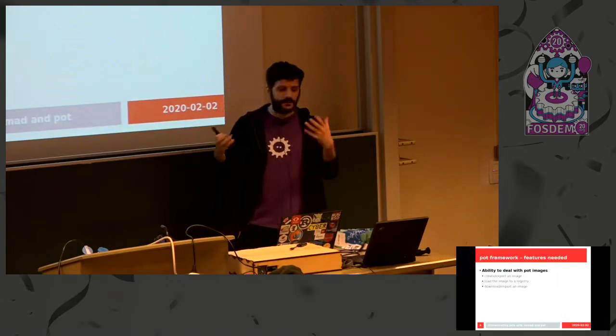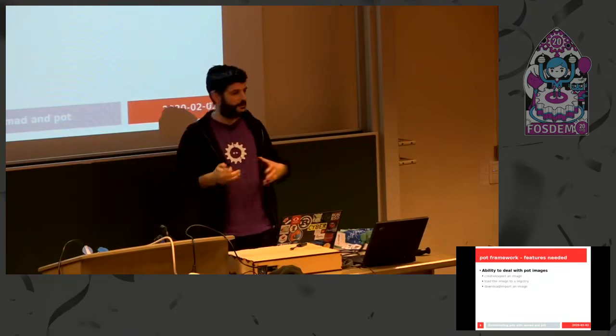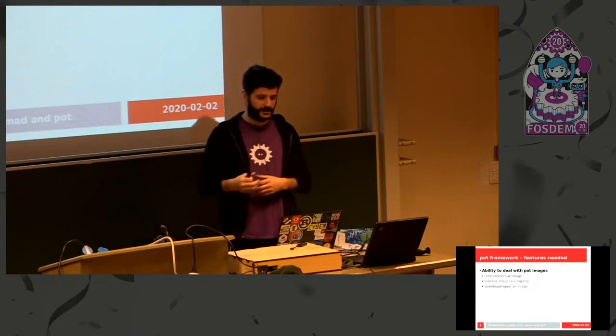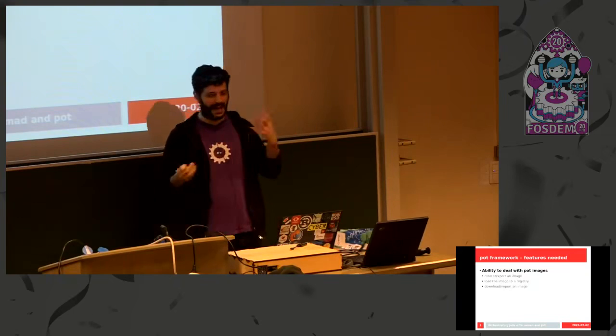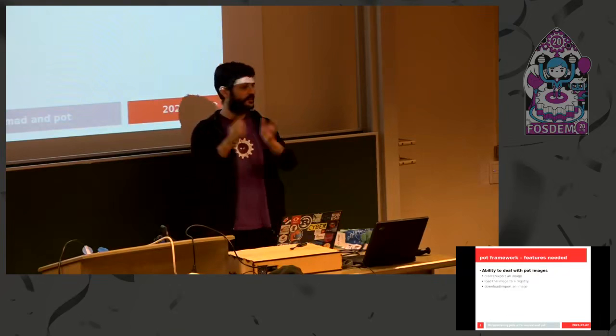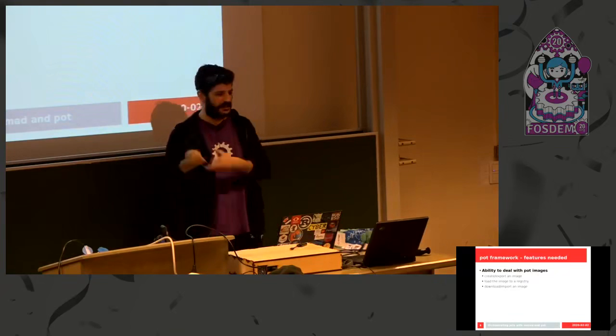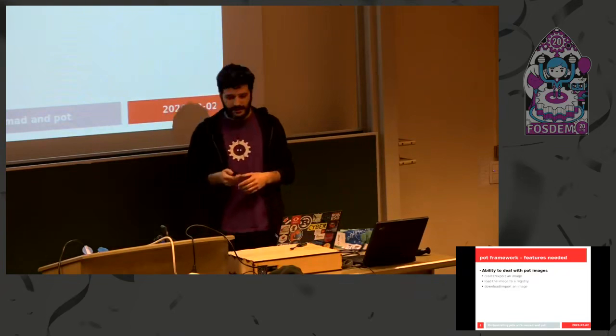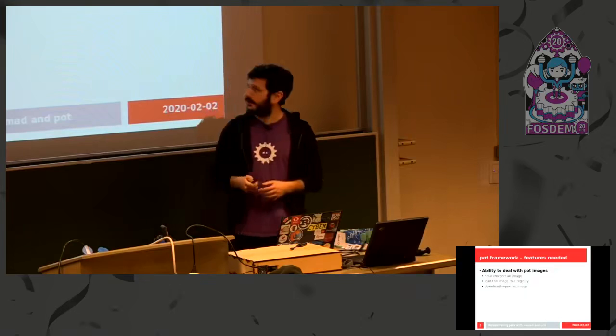The feature that was really missing was the ability to deal with images, so creating and downloading the images. So you need to create and export an image. You need an image registry. I mean, imitating Docker, okay, you have to create a Docker container, you need Docker Hub, and then the ability to download and then import an image. That was the set of features that we worked on.